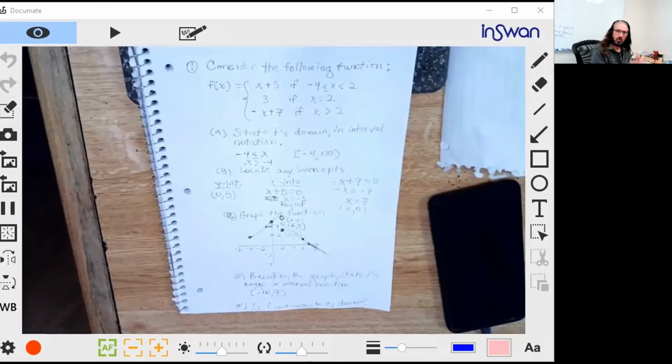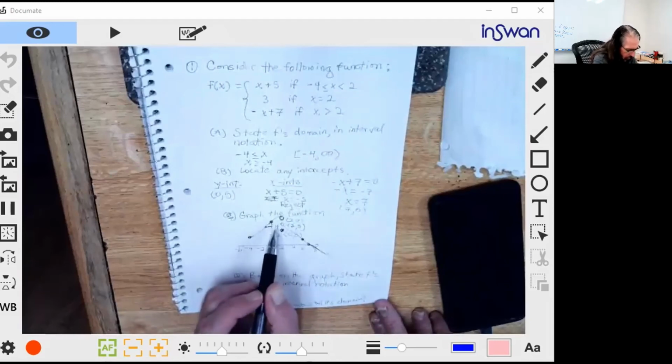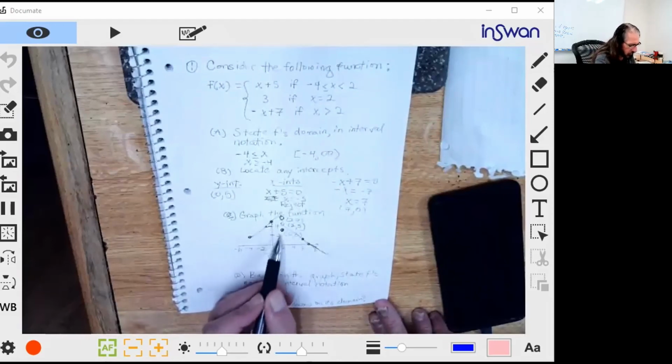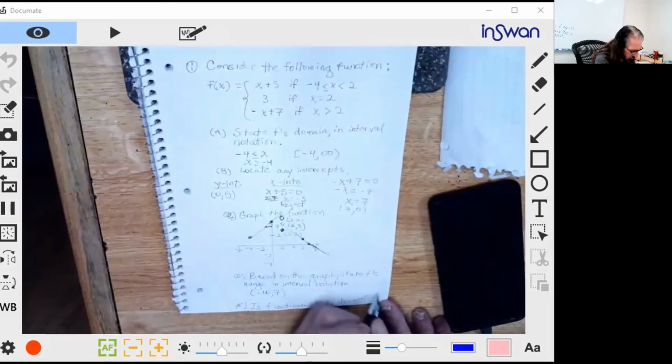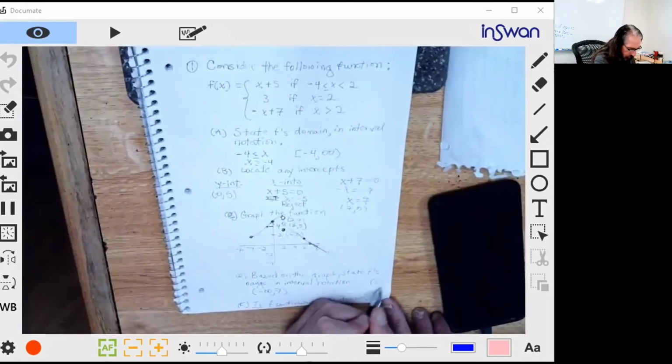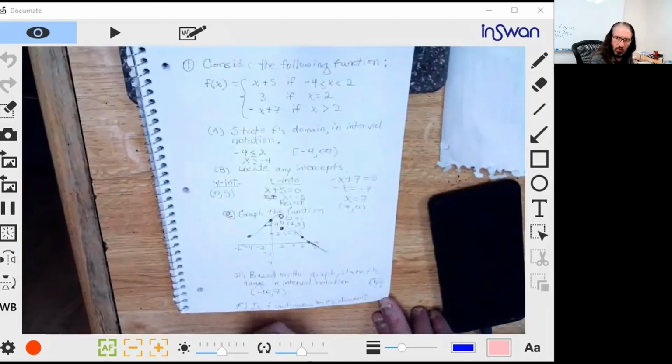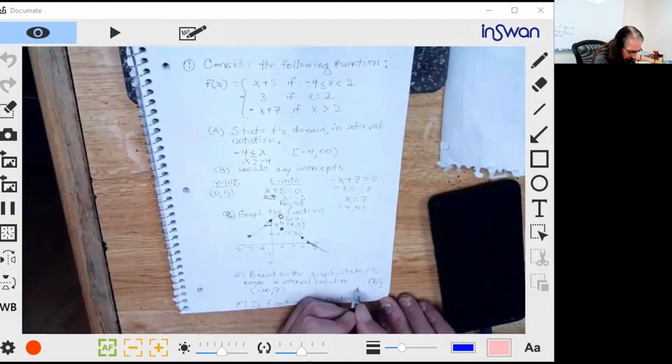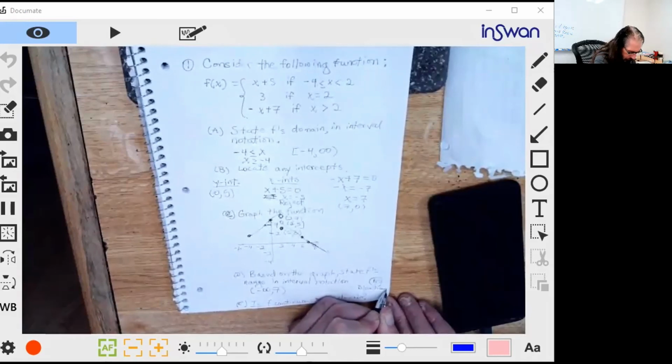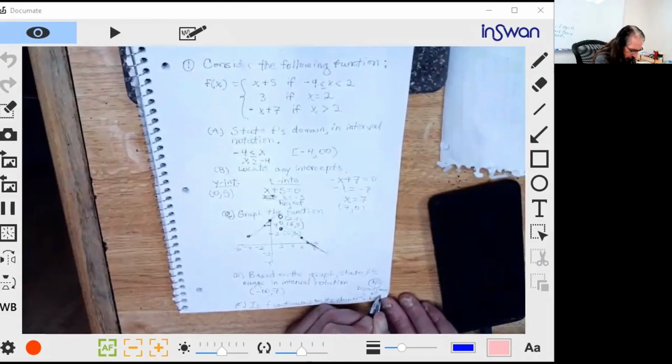Parentheses around the whole thing, -infinity, 7 appears to be our range. And because we have these breaks and these holes, we do not have a continuous function. More specifically, there is a discontinuity at x equals 2. Discontinuous at x equals 2.